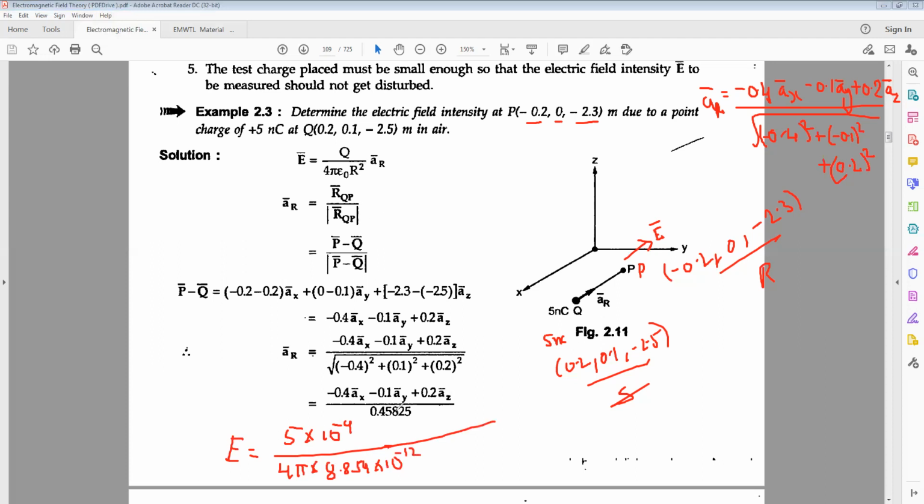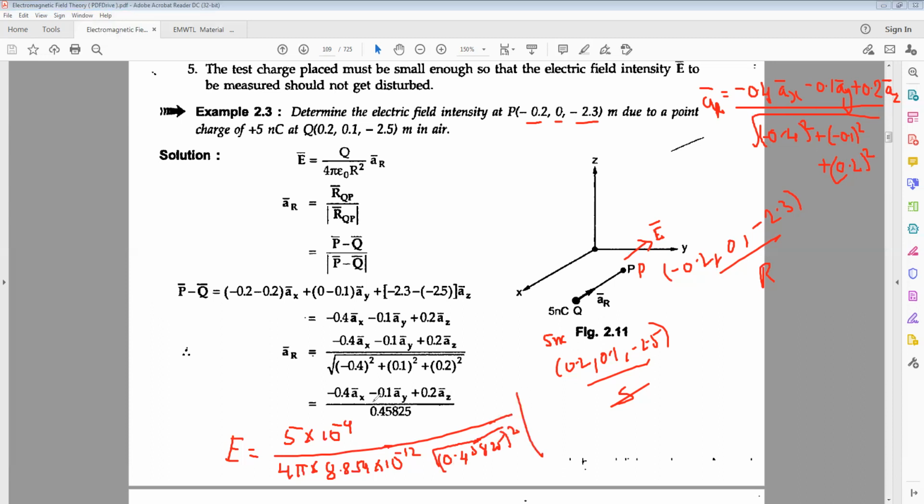R is 0.45825, the square root of this value, whole square, and AR bar.